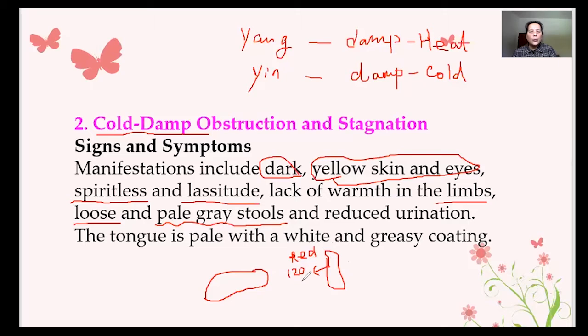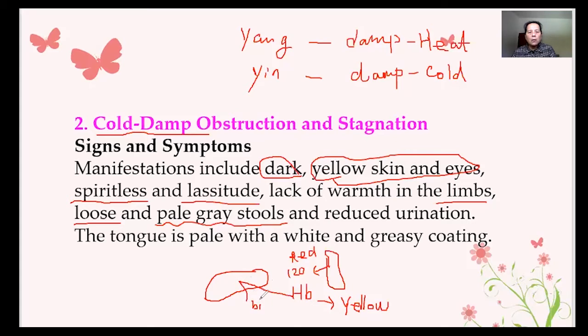After 120 days, they are broken down and some is reused, recycled. So the breakdown of the red blood cells causes the yellow color. That's where the yellow color originally comes from. Then it goes to the liver and is released with the bile.